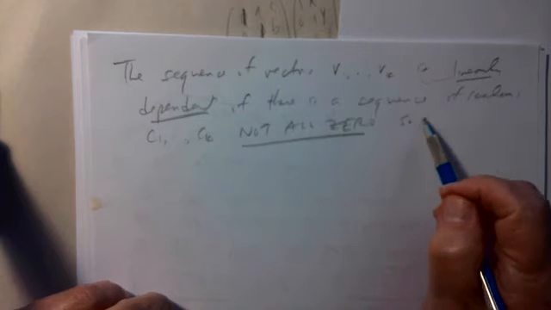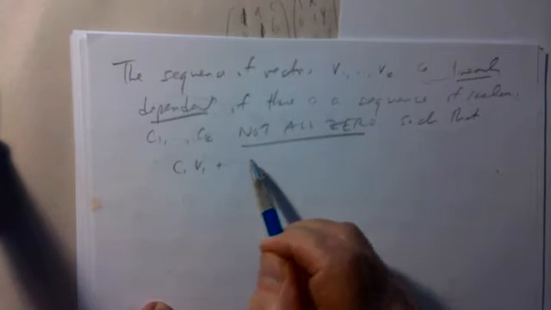Some can be zero, but they can't all be zero, such that C1 V1 plus up to Ck Vk gives us the zero vector.